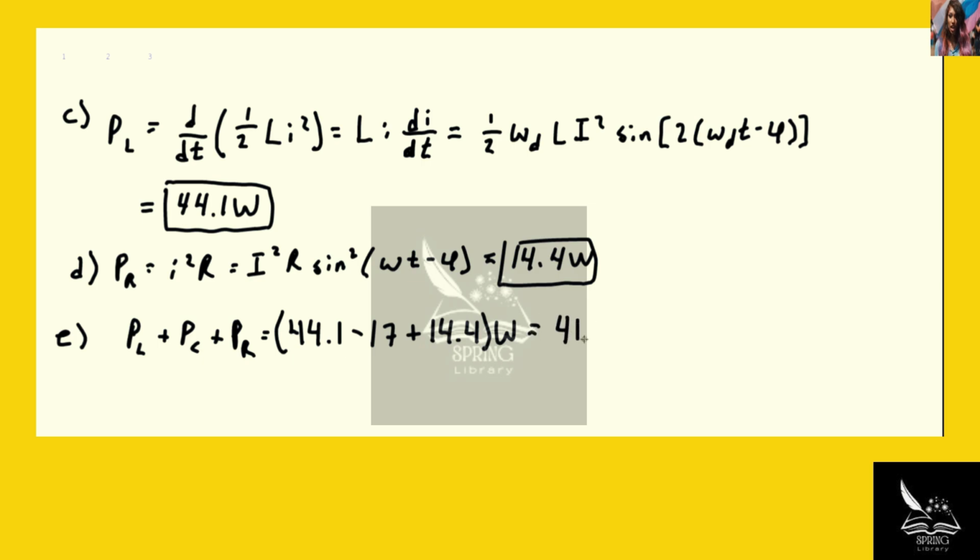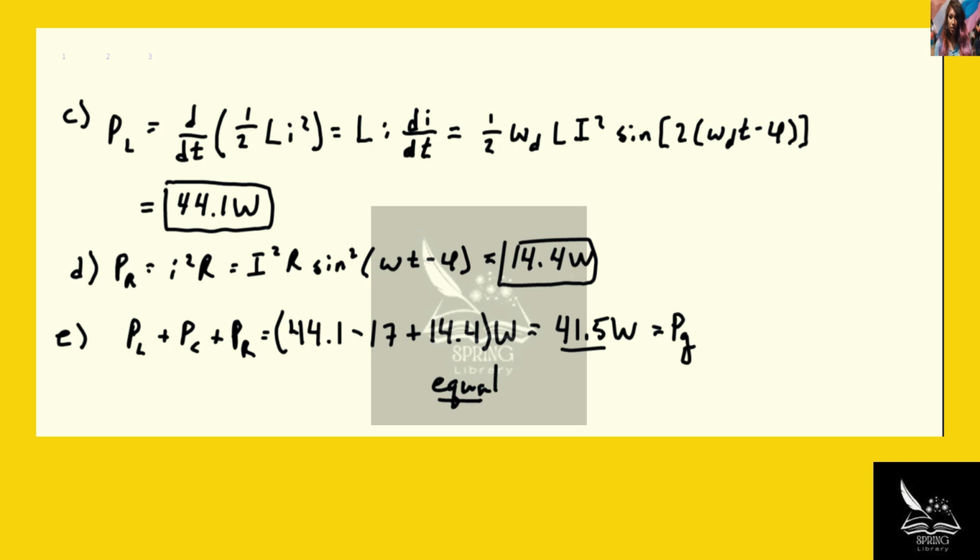So this adds up to 41.5 watts, which is equal to the power that the generator is supplying at that point in time, which is what we would expect because energy has to be conserved.